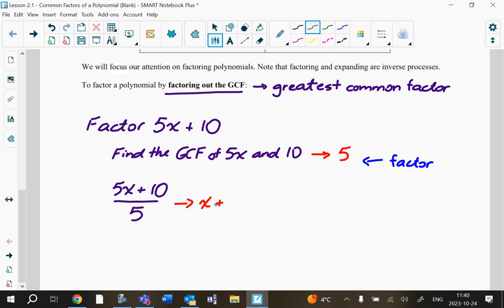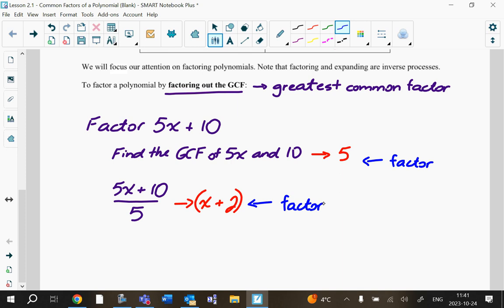Plus 10 divided by 5, 2. And I need to keep those together. And what do I use to keep things together in math? Parentheses. This is the other factor. These are the two factors that multiply to get this.